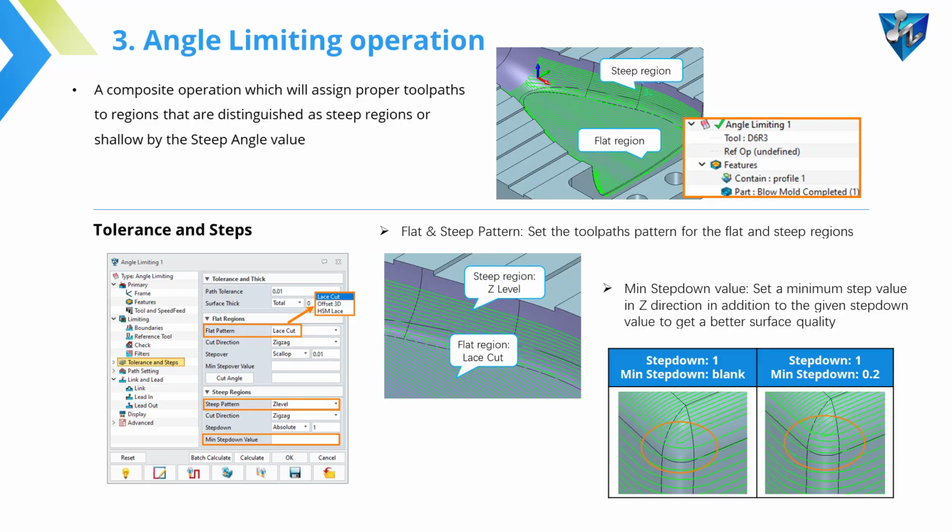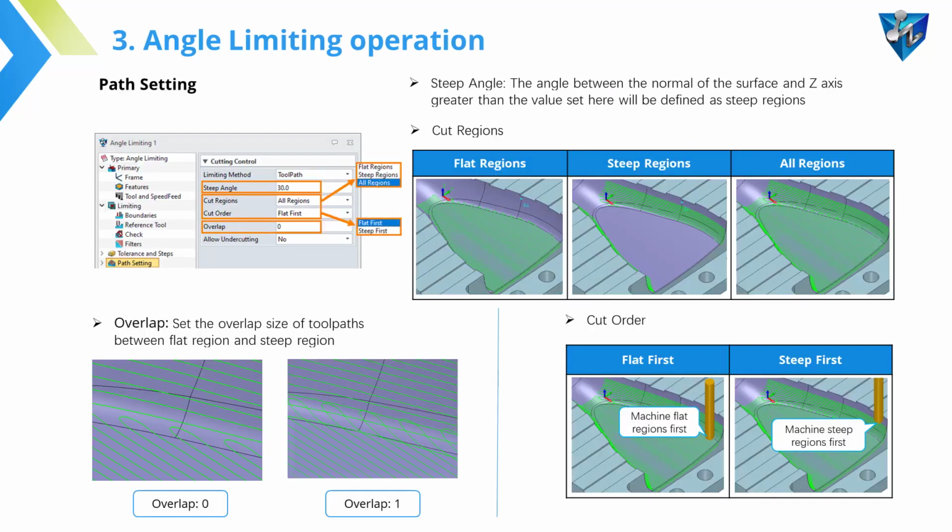In order to get a better surface quality, min step down value can set a minimum step value in the Z direction. Check the effect here. Then next, we will introduce the path setting options for angle limiting operation. As I mentioned just now, angle limiting will assign proper toolpaths to regions that are distinguished as steep regions or shallow regions.